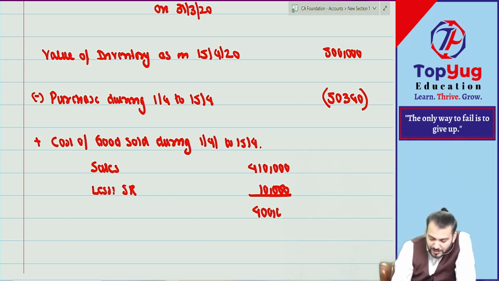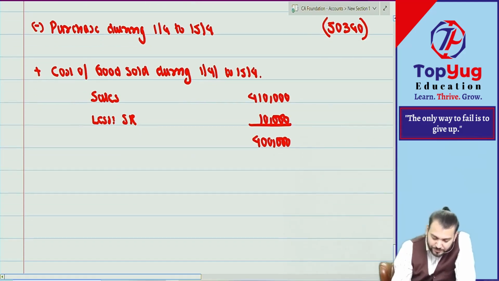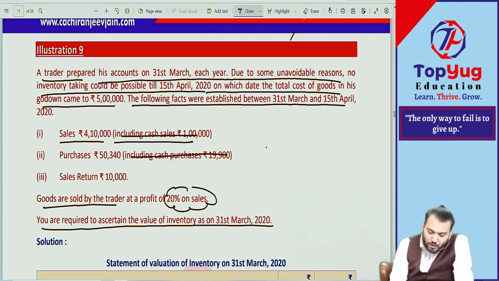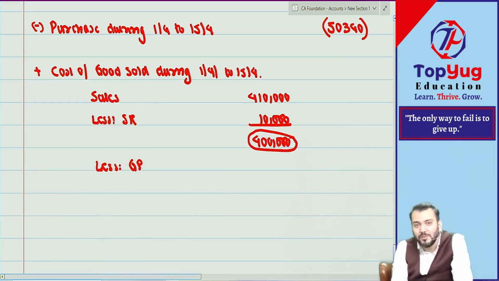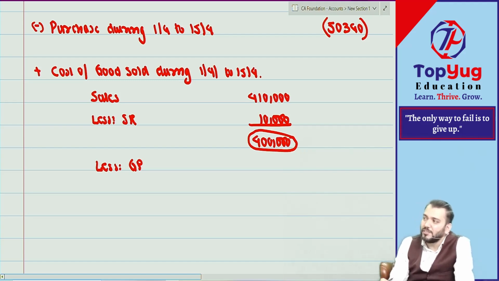So it becomes 4 lakh. But from this sales value what will we deduct? Less GP. Now you need to find whether GP is given in terms of sales or cost. So it is 20% on sales. We want 20% on sales or 20% on cost? Sales. If sales is given, you want GP ratio based on sales only. 20% on sales.